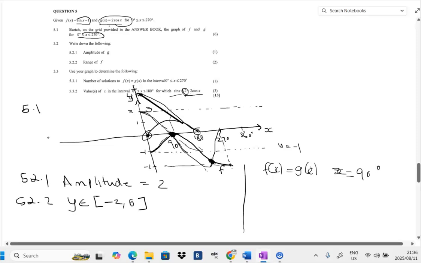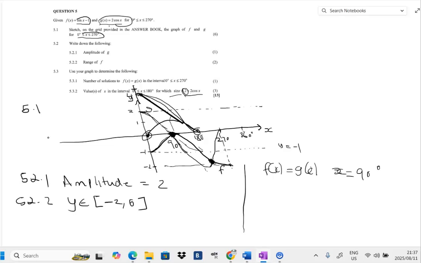There's going to be a point here where they are going to be equal. If you want, you can solve it. But the point here where it is equal is between 90 and 180. Okay. I think I'm done with the lesson.